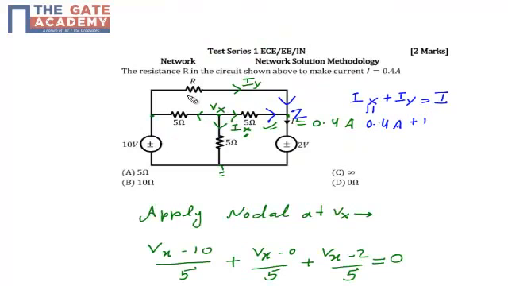Iy I don't know, and I is already given in the problem: current I is equal to 0.4 ampere.